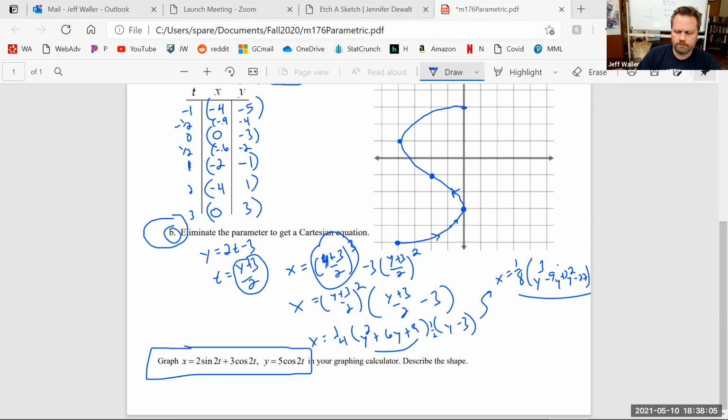Two sine plus 3 cosine. Okay. 5 cosine. Well, that's kind of silly. Oh, that's so cool. Past Jeff. Okay, I forgot all about that.